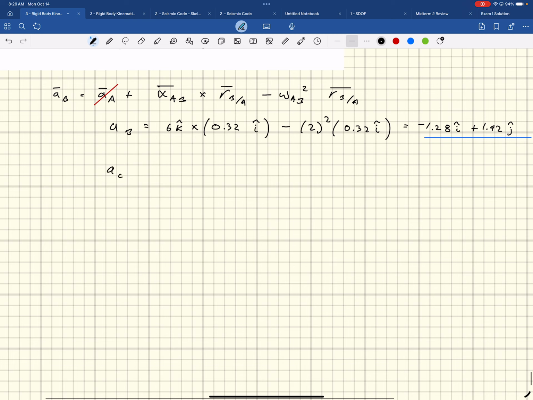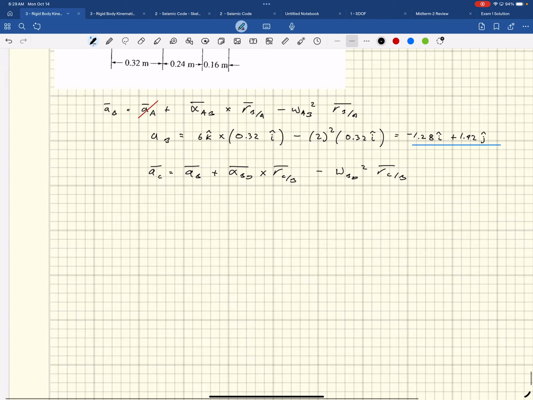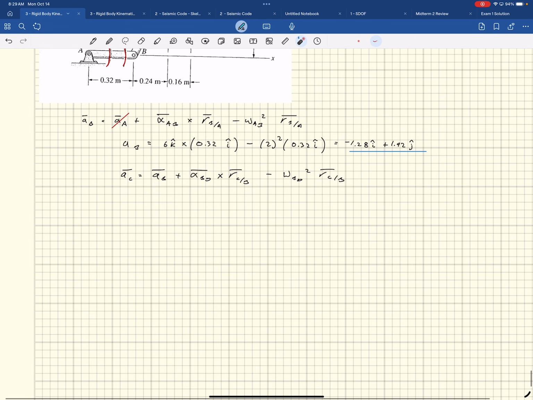A_C is equal to A_B plus alpha_BD crossed with r_C as seen from B, minus omega_BD squared times r_C as seen from B. This is where if I hadn't done velocity to begin with, I would be bogged down because I need to know what omega_BD is.